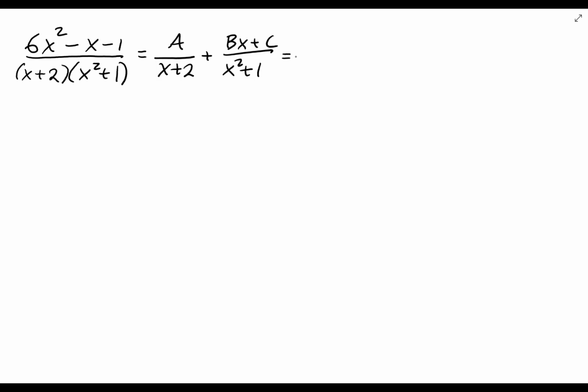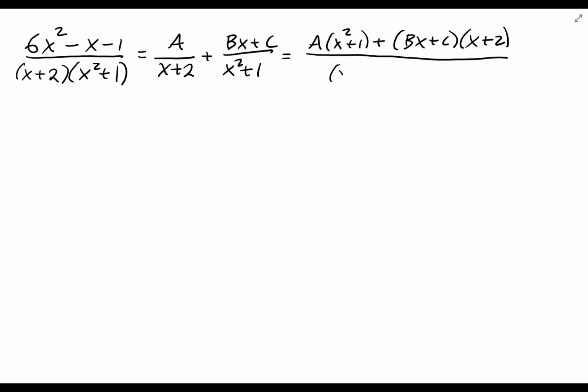And when we get common denominators and multiply everything together, we're going to wind up with a times x squared plus 1 plus bx plus c times x plus 2 over that common denominator. Then we're going to set the numerators equal. 6x squared minus x minus 1 equals this stuff.